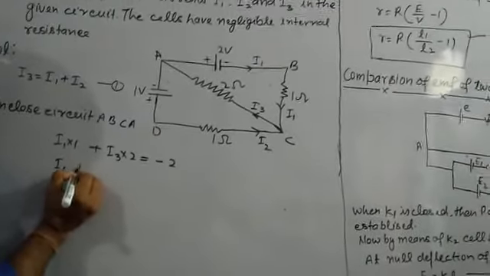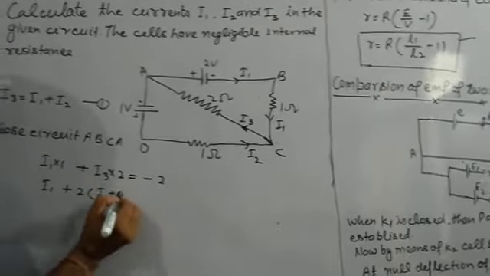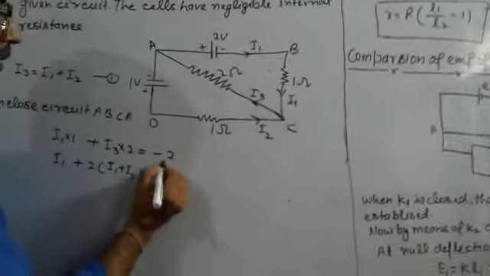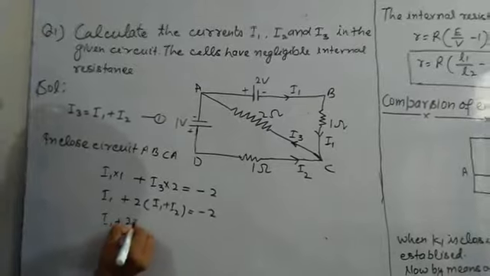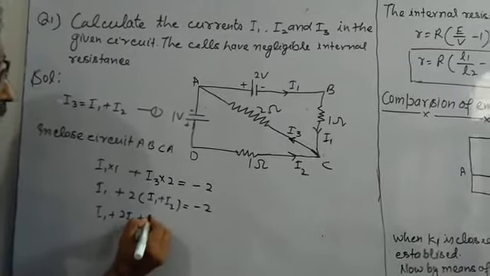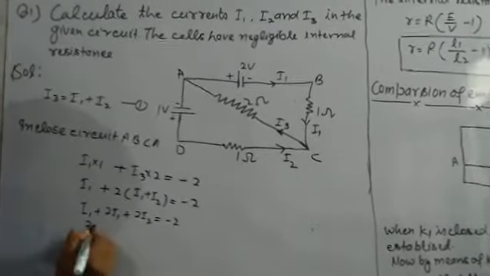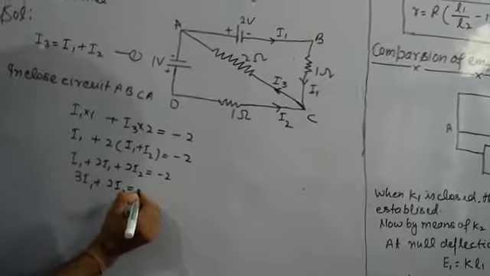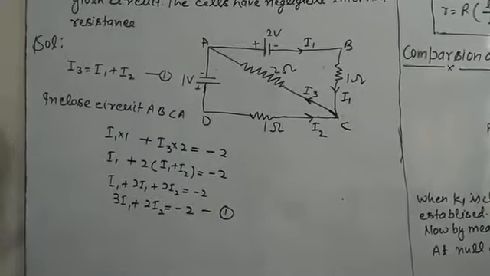Put the value of I3 as I1 plus I2: I1 plus 2I1 plus 2I2 equals minus 2. So 3I1 plus 2I2 equals minus 2. This is equation 1.